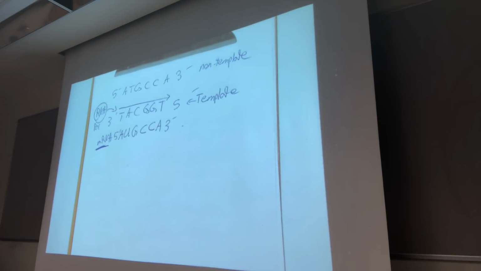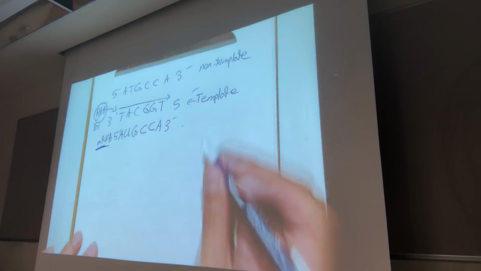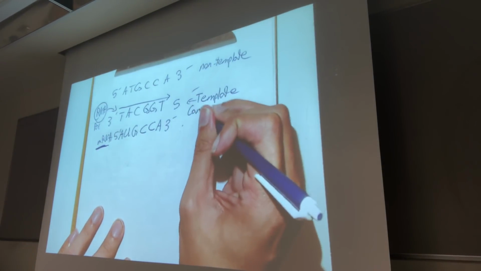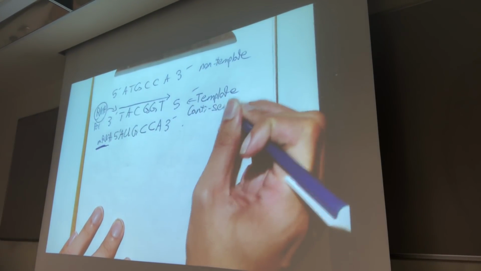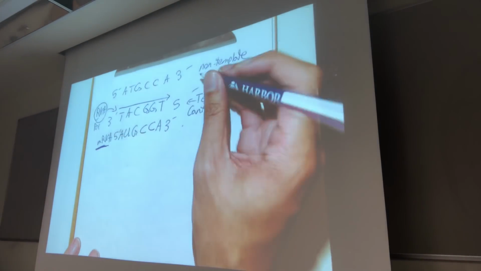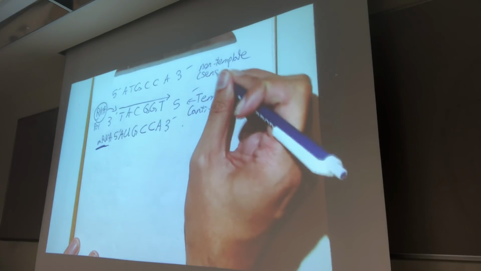There are phrases that are sometimes used to describe the different strands of DNA, such as sense strand and antisense strand. Here's my definition of it. It may not be the exact textbook definition, but it'll very easily help you identify which is which. Your template strand is your antisense strand, and your non-template strand is your sense strand.